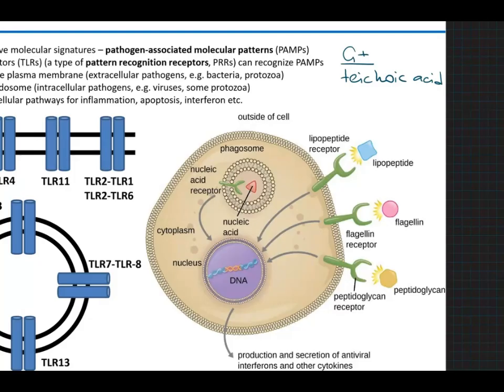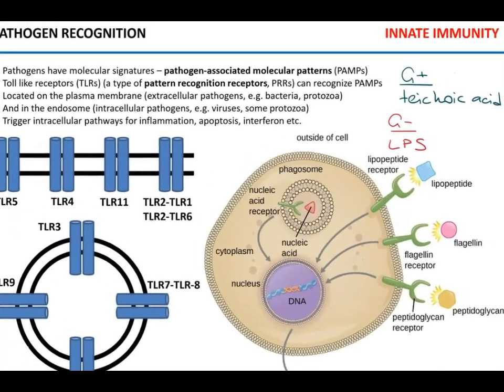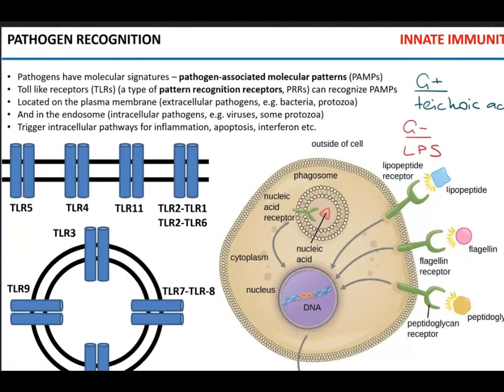Now, gram-negative microorganisms, for instance, have lipopolysaccharide. So we can say that lipopolysaccharide is a molecular signature of gram-negative organisms, and teichoic acid is a molecular signature of gram-positive. So these molecular signatures that are associated with a pathogen are called pathogen-associated molecular patterns.